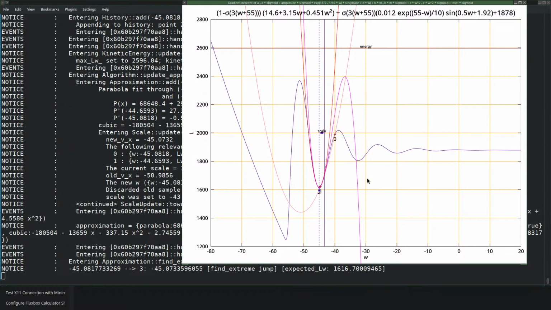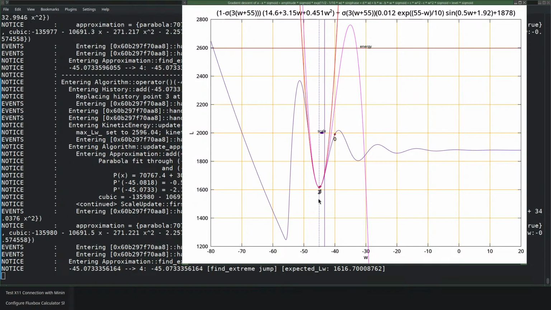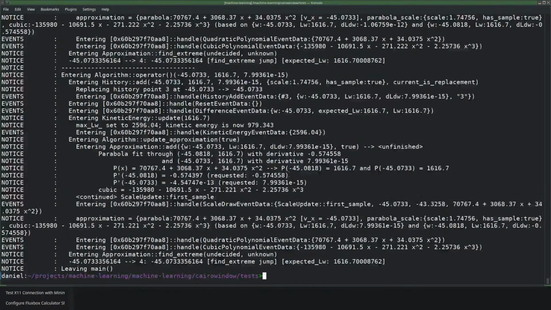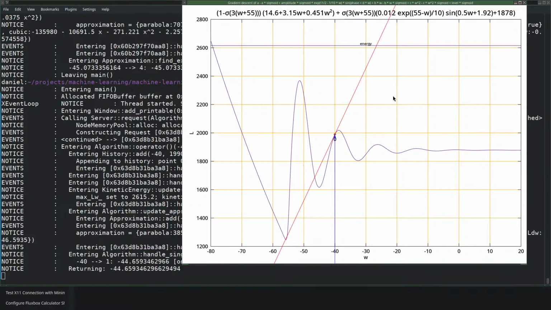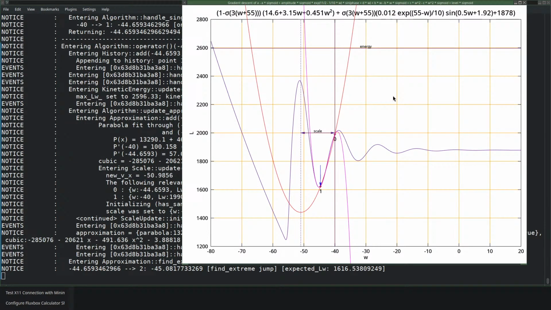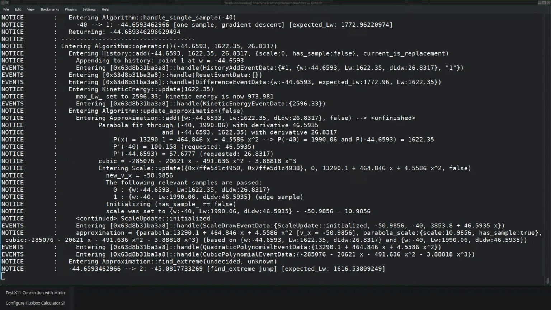No. Yeah, what? It's 45. It went to this minimum. Why? Okay, what happened?